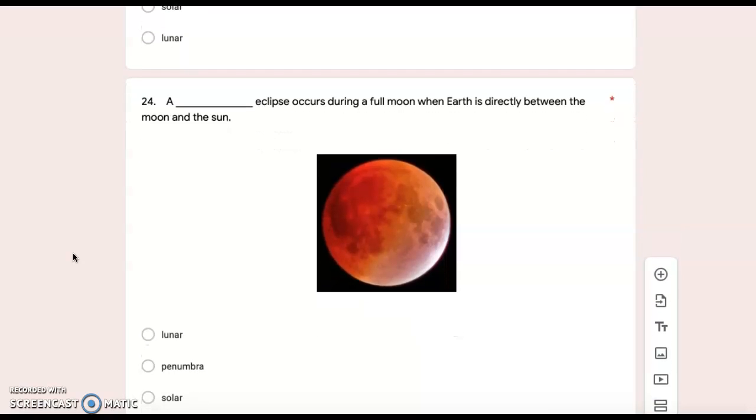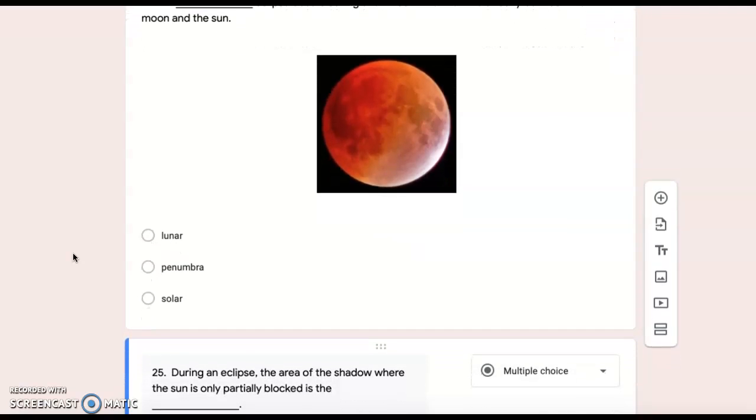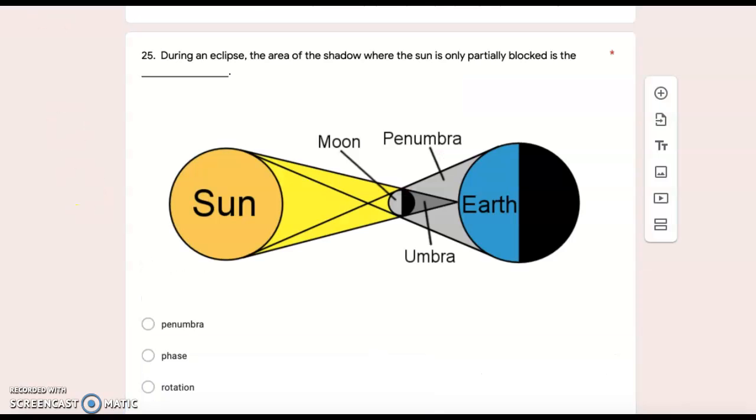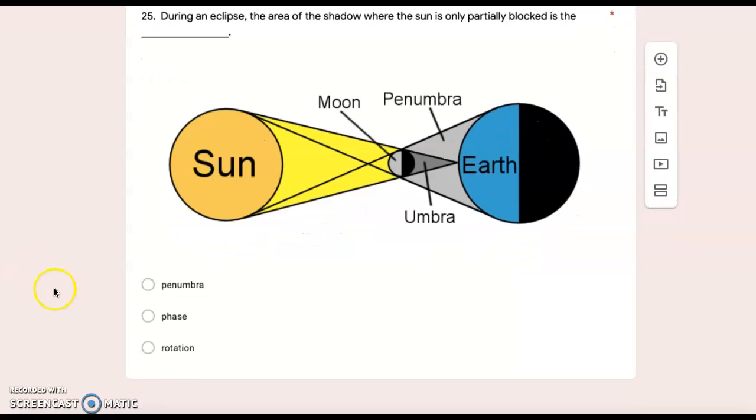A blank eclipse occurs during a full moon, when Earth is directly between the moon and the sun. Lunar, penumbra, or solar? 25. During an eclipse, the area of the shadow where the sun is only partially blocked is the penumbra, phase, or rotation?